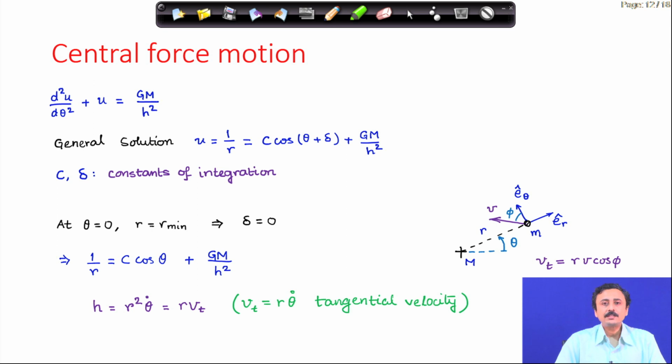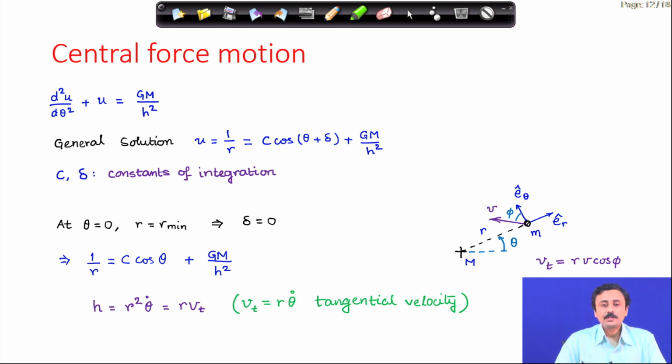Recall that we had studied this differential equation given at the top, which represents the motion of a particle in a central force field with a transformation that u is 1 over r, the radial coordinate, and the solution that we had is c cosine theta plus delta plus GM by h square.